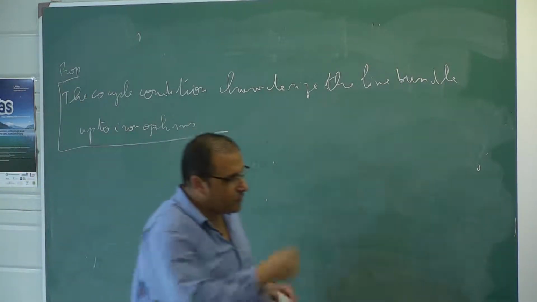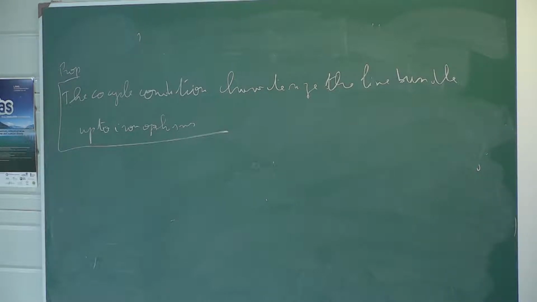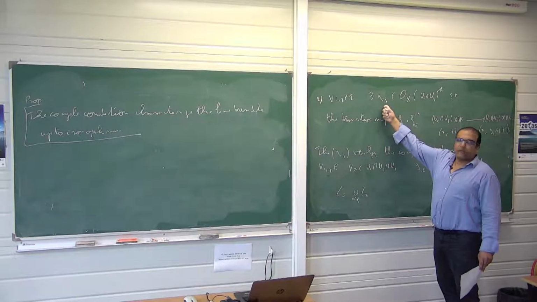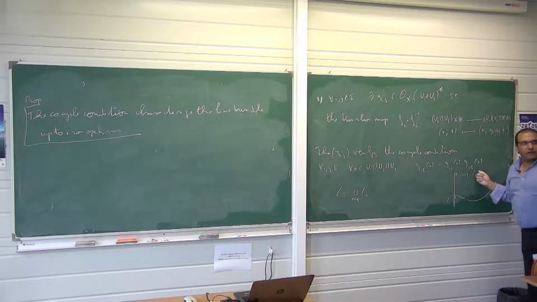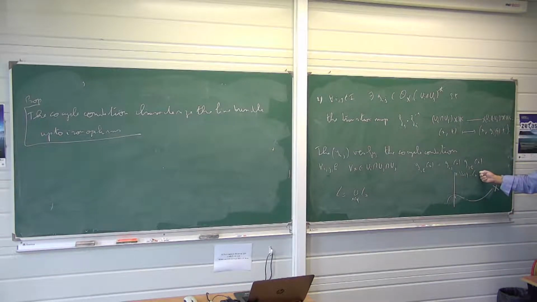Which means that for a given family of functions g_ij satisfying this condition, there is only one line bundle defined by this g_ij up to isomorphism.